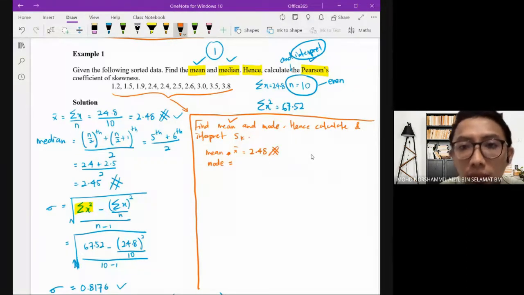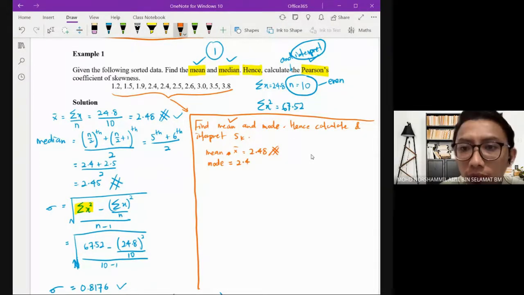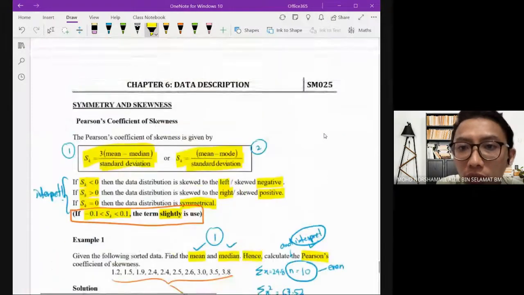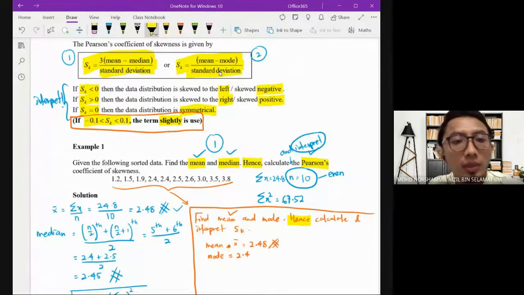What is the mode, guys? 2.4. Okay, 2.4. And then they want you to calculate the Pearson's coefficient. Take a look, because of the word hence, it is compulsory to use the second formula of Pearson's coefficient of skewness.